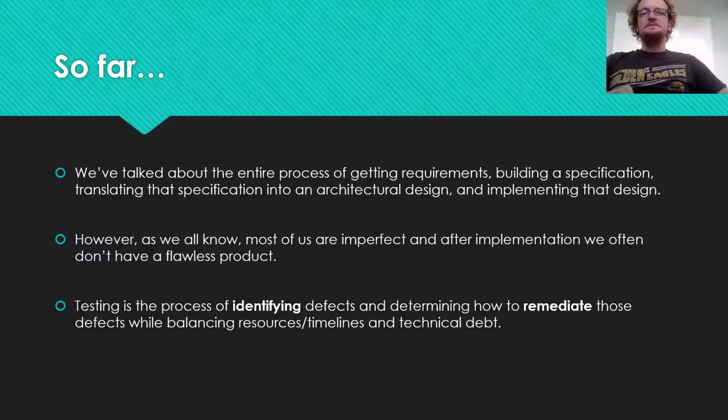Now, one of the things that you might have assumed by this point is that testing is only really relevant to implementation, but you can actually test all of the documents and all of the artifacts that you've created thus far. So there could very well be defects in requirements, there could be defects in your design, there could be defects in use cases and diagrams and bug reports and all sorts of stuff.